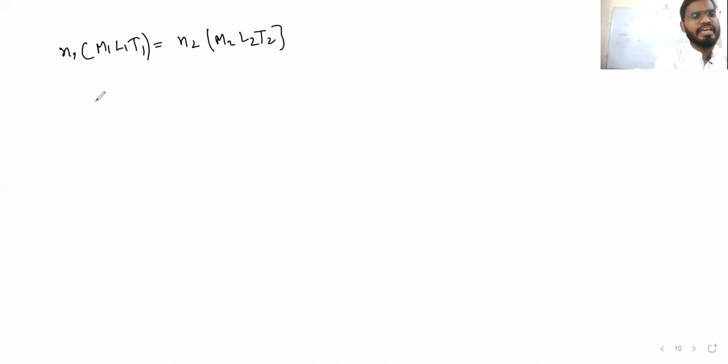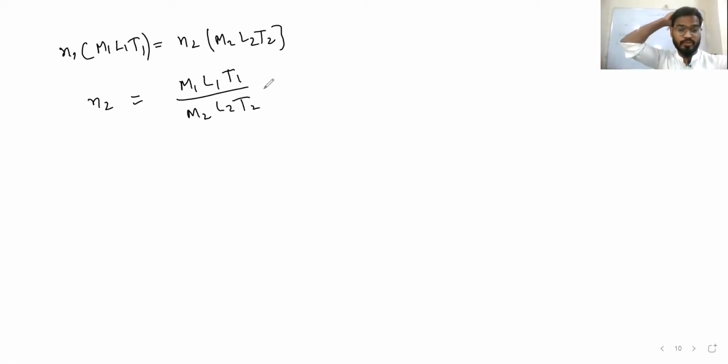We want to find n2, so this will go down: n2 equals 1 into M1 L1 T1 by M2 L2 T2, with the powers, right?